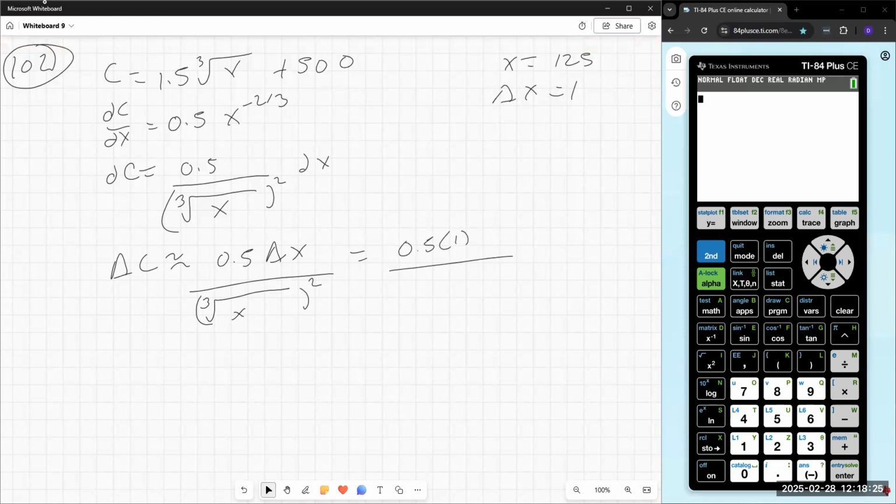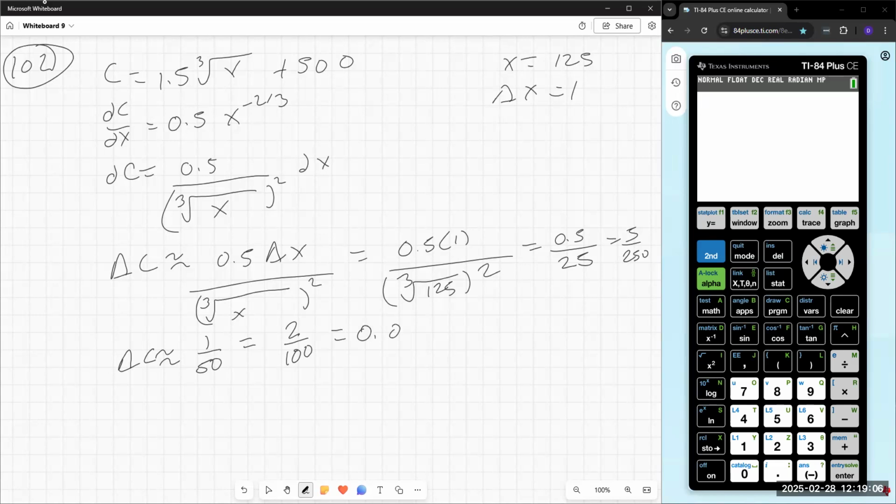The cube root of 125 is 5, 5 squared is 25, and we have 5/10, the same thing as 5 over 250. Delta C is approximately 1 over 50, or 2 over 100.